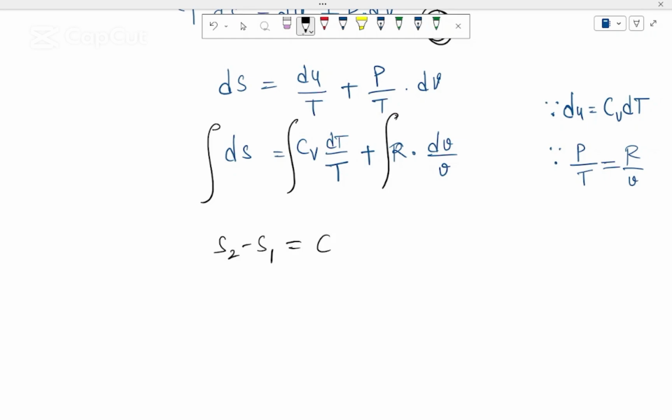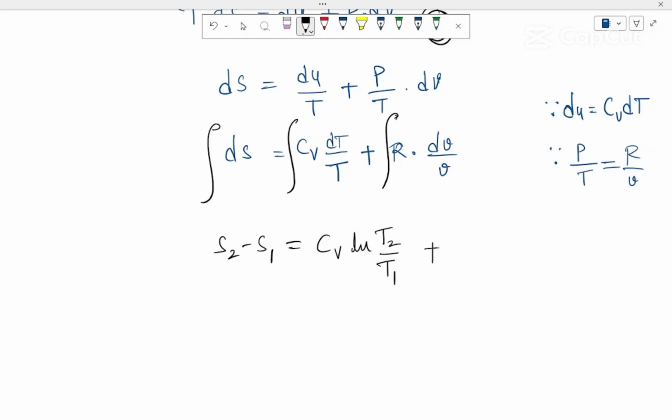So I will write it as Cv into ln, using natural log to the base e, ln T2 by T1, as my expression.